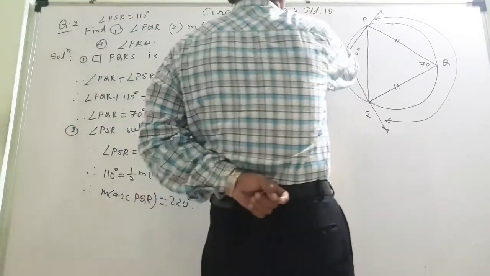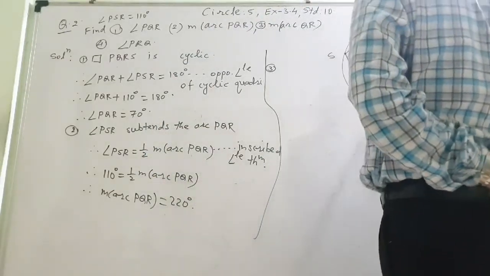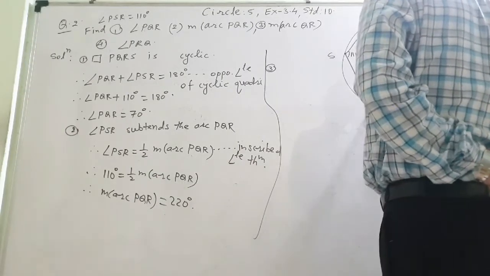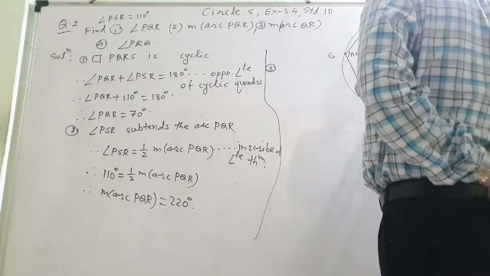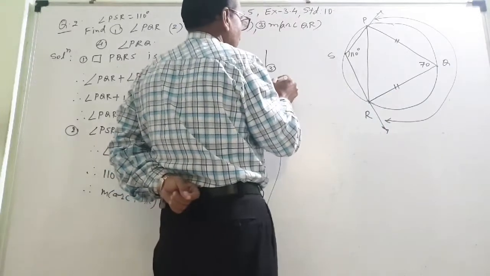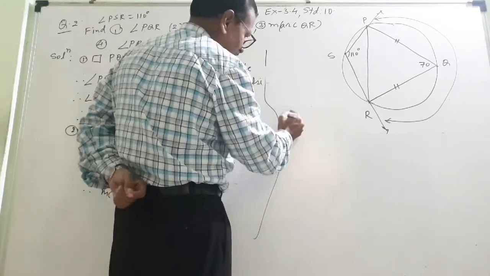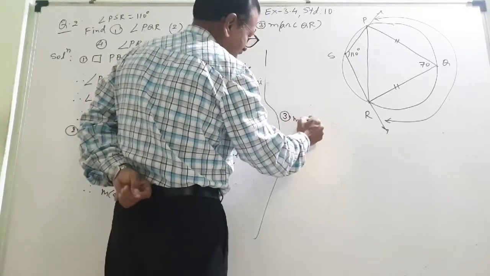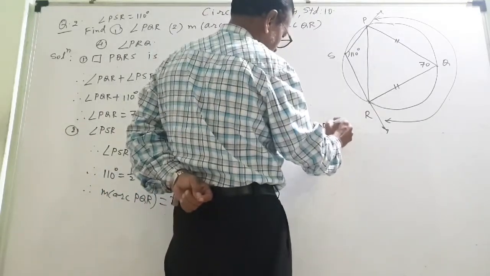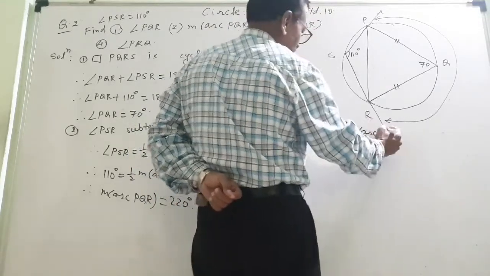Major arc QR. Now these two chords are equal. This total arc is 220. So this arc and this arc will be congruent. So for the third, I will write here: major arc PQ is equal to major arc QR.